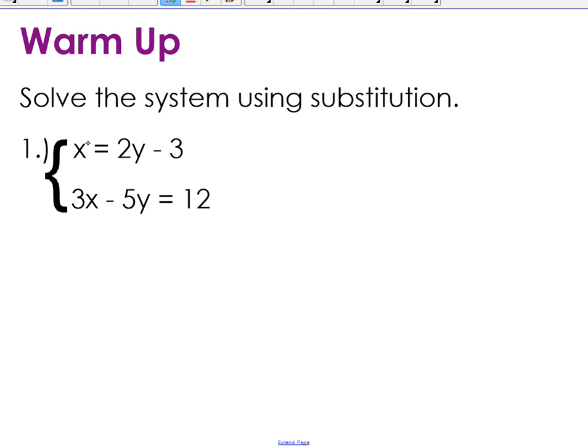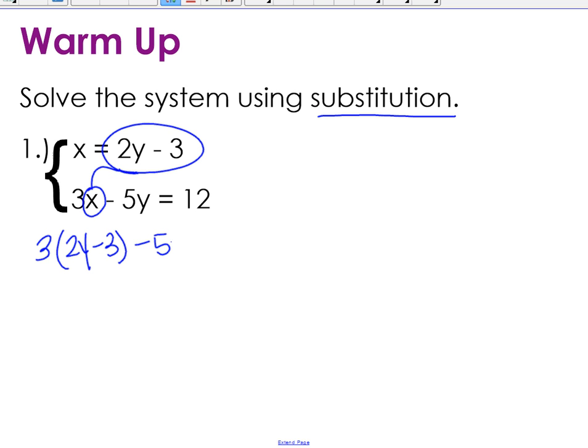It says solve the system using substitution, which means we have an x equals and then another equation. I am going to take this 2y minus 3 and substitute it in for x. So I have 3 times 2y minus 3 minus 5y equals 12.